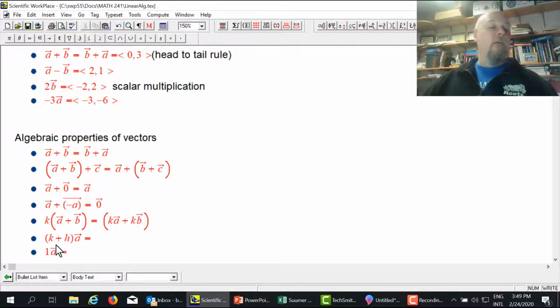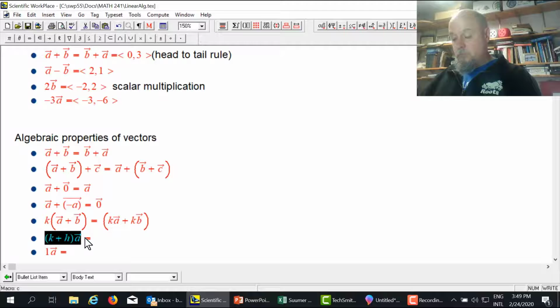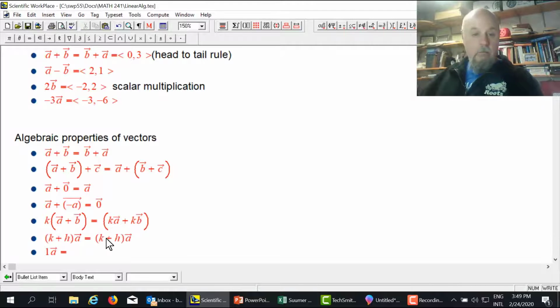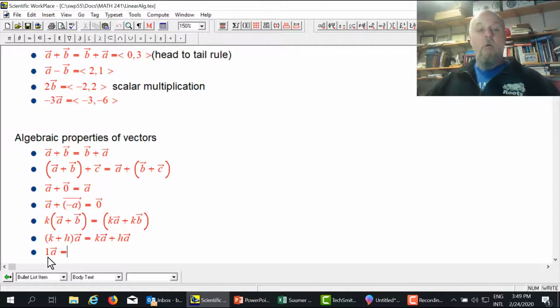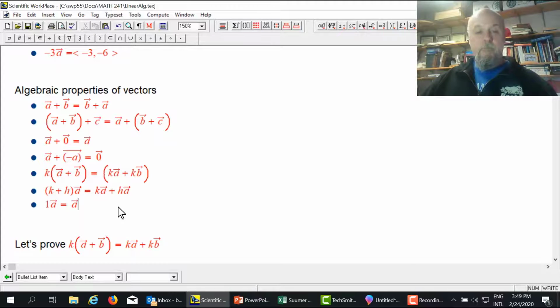Likewise, a scalar can distribute across plus signs. If I multiply the scalar 1 times the vector, it does what you think it does. It leaves the vector alone. It's the identity element in scalar multiplication.